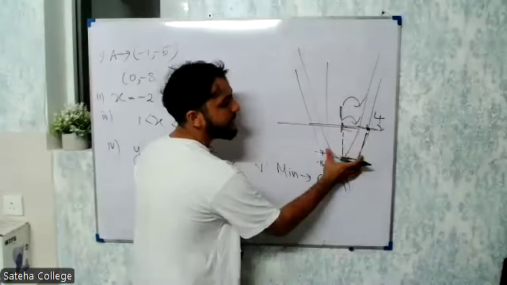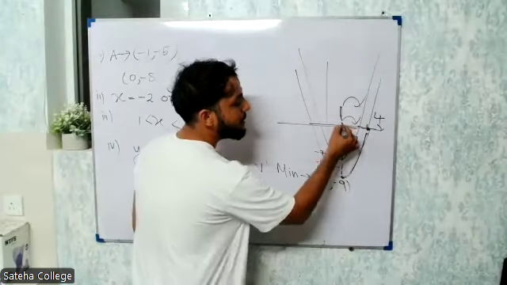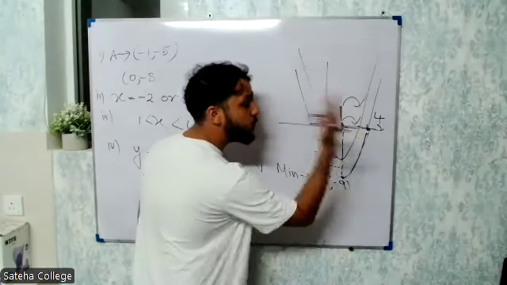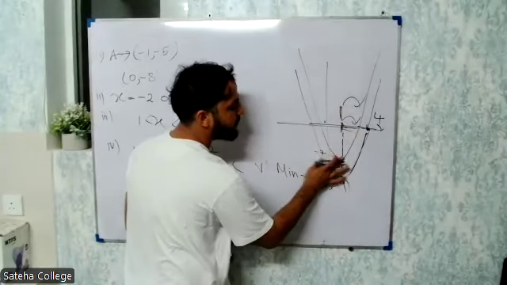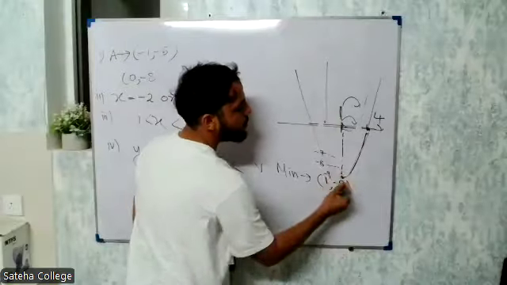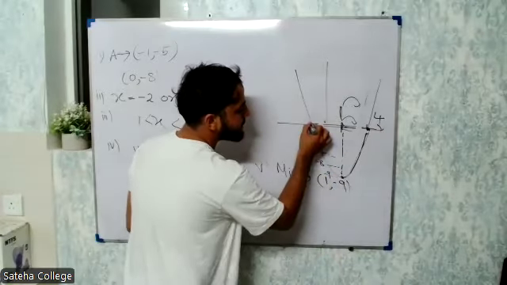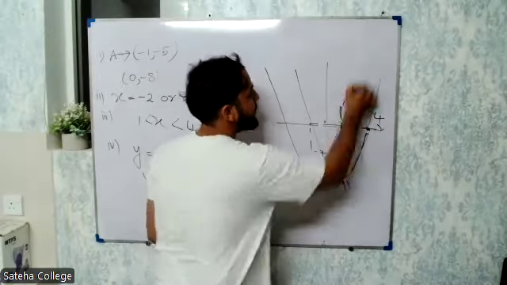Let's say I move the graph to the left-hand side by 2 units. Before it was 1, by 2 units, then 0 and minus 1. So if I erase this and draw the graph here by moving it by 2 units, then here it is minus 1. So the graph will be something like this.